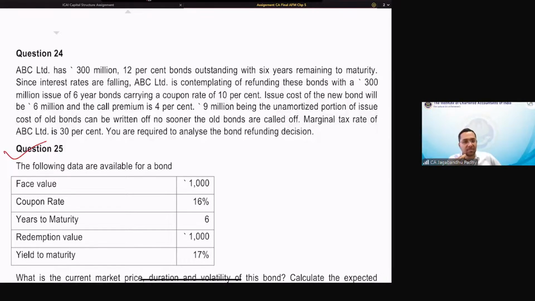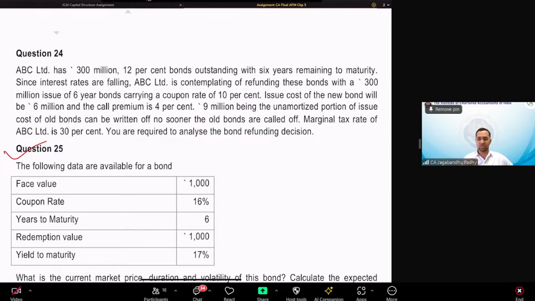They'll be asking for some premium also, right? Yes or no? Am I right, guys? Right. So I need to pay a premium of 4% to them. Whatever is the face value of the bond, I will give you 4% of that as a premium, and I will buy the bonds from you.